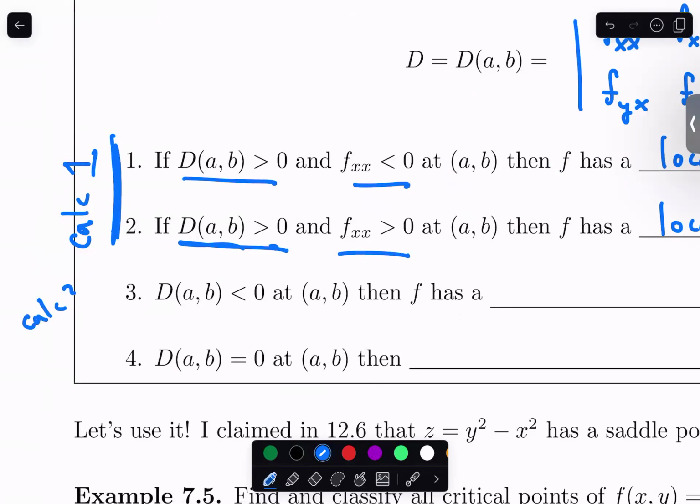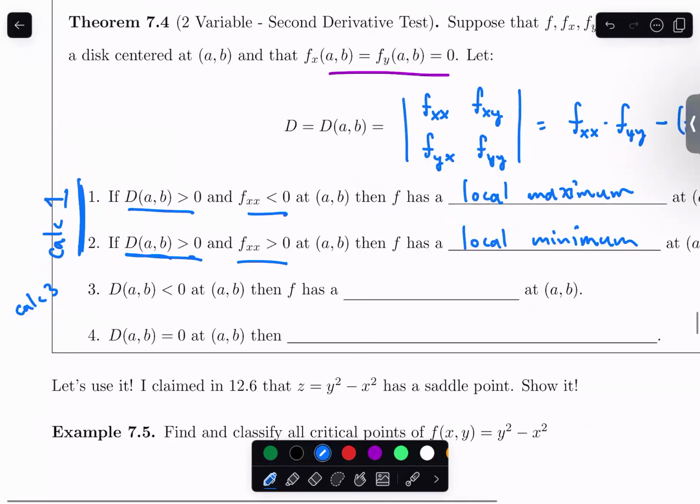And the new thing here in Calc 3 world is that we have saddle points. Before those, we didn't define a saddle point. So then f has a saddle point at our critical point there, AB. So that's the new bit.